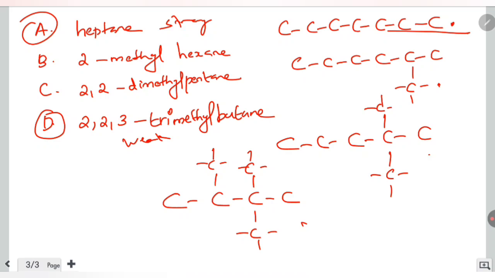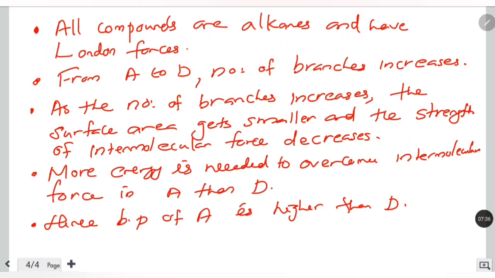So hence A has a higher melting point and boiling point and lower vapor pressure. D has a lower boiling point and melting point, but a higher vapor pressure. So this is how you answer the question. Please make sure that you write in point form. That is the accepted way that you need to follow. Okay, so this is how you can answer the questions.